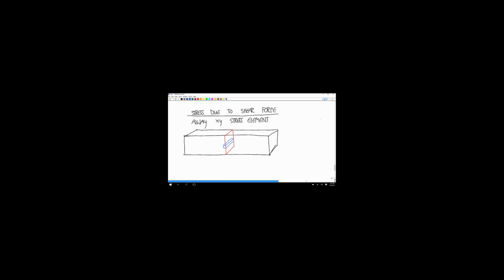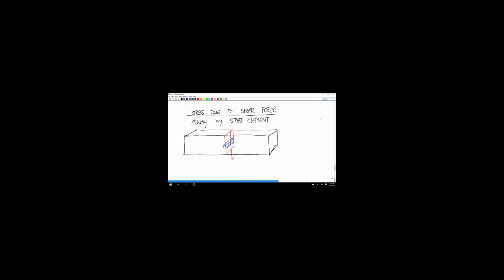Can you see what I'm trying to draw here? Well, the shear force looks like this, right? And that's naturally going to correspond to tractions like this on those little stress elements.